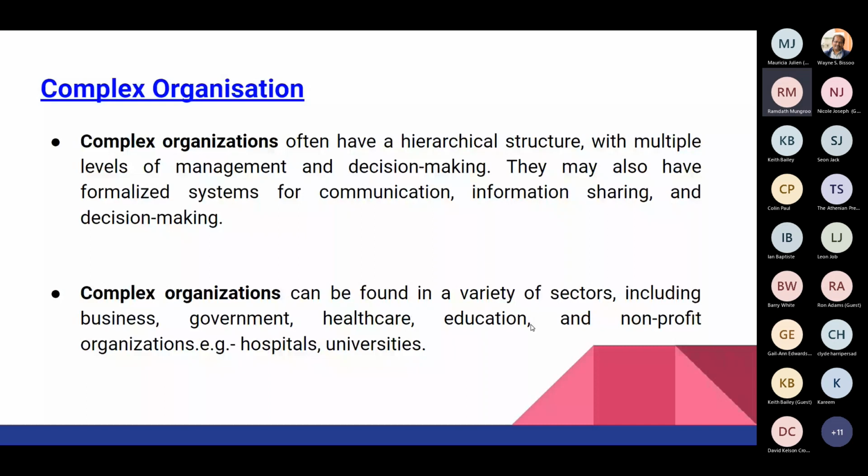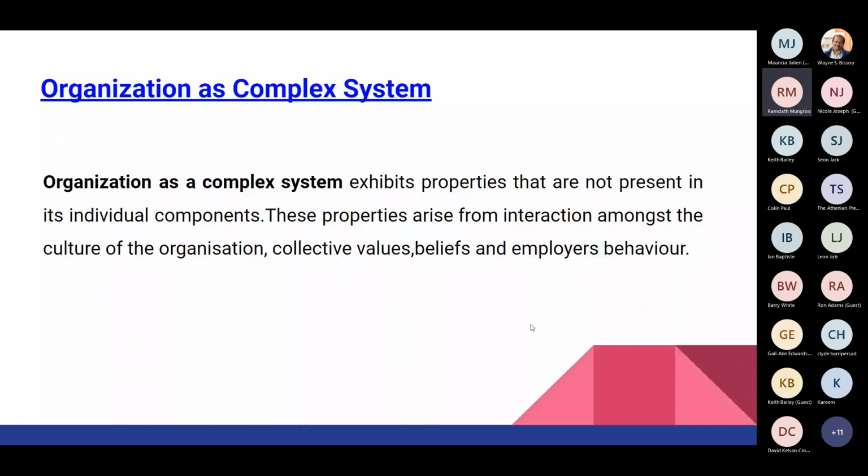For example, a hospital is a complex organization, or a university is a complex organization. So the organization as a complex system exhibits properties that are not present in its individual components. These properties arise from interaction amongst the culture of the organization, collective values, beliefs, and employees' behavior.